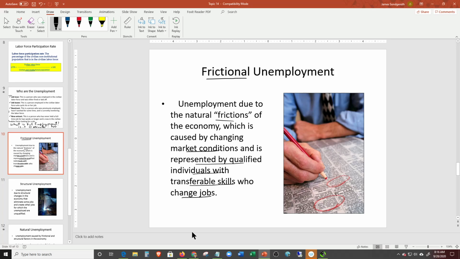Or maybe you're unhappy with your boss or the people you're working with and you think you can find better people to work with. Or maybe the working conditions in your current job are unsatisfactory. Or maybe you think you can make more money elsewhere. I mean, there's all sorts of reasons for you to quit a job and look for another one. And while you're between jobs, you are frictionally unemployed.